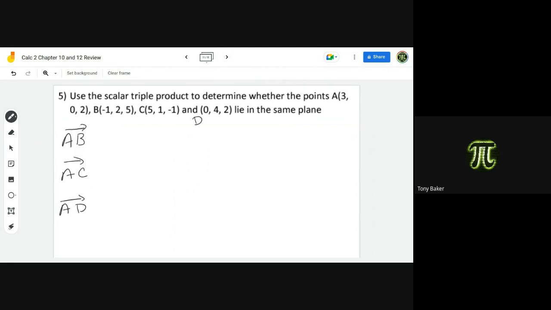So the first step is we have to find the 3 vectors. You can't just use the points. It actually does not matter which ones you use and which way you set up your vectors. You just have to have it as 3 vectors.